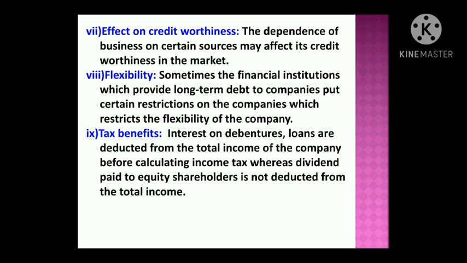Interest on debentures and loans is deducted from the total income of the company before calculating income tax, whereas dividend paid to equity shareholders is not deducted from the total income. So, if a firm wants to get tax benefit, it should issue debentures, preference shares, loans, public deposits, etc. These are the main factors affecting the choice of the source of funds.